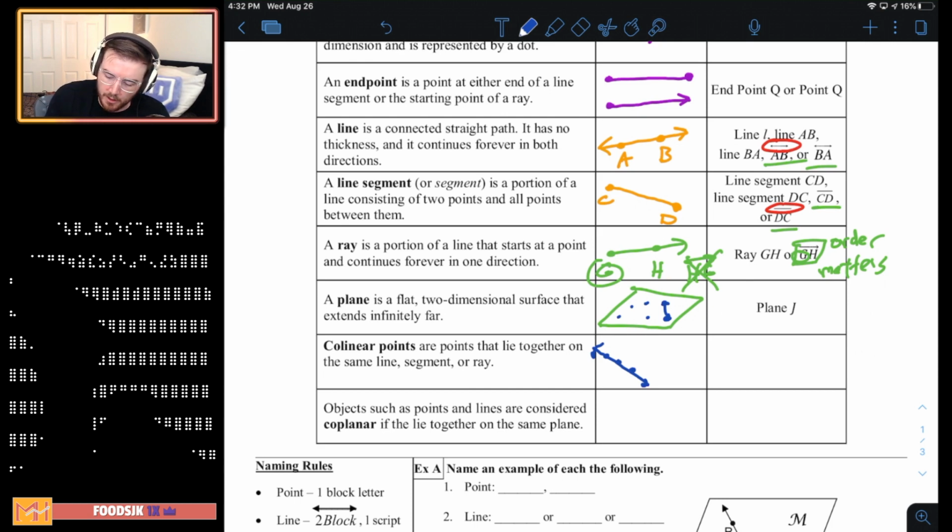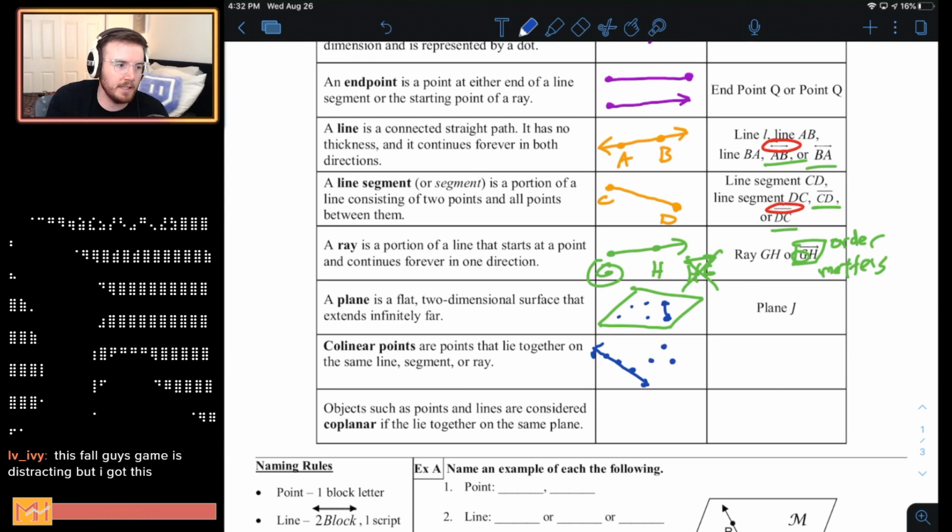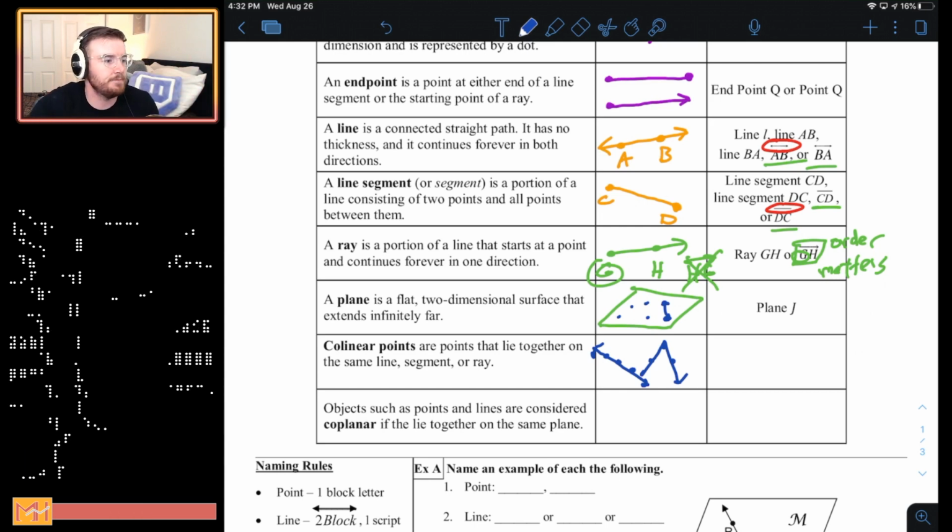But if we were to draw 1, 2, 3 points not in a row, right? There's no way that I can connect all three of these points with a straight line. It's impossible, right? I can do a zigzag, but I can't do a straight line. So collinear means co meaning together, linear meaning line, together on the same line.